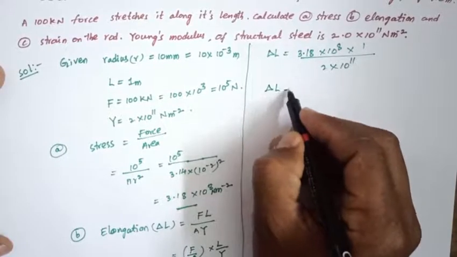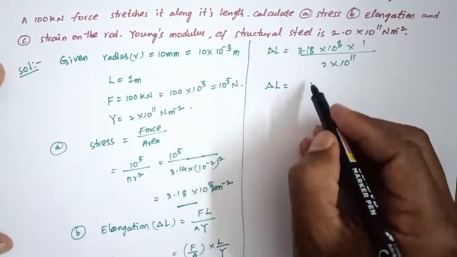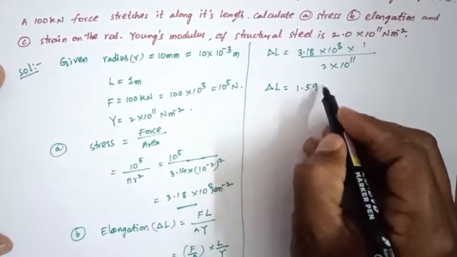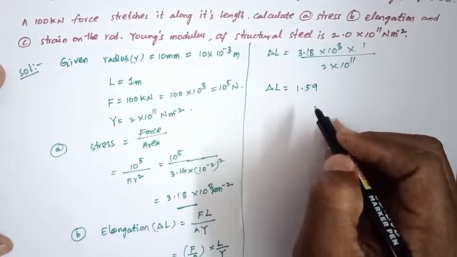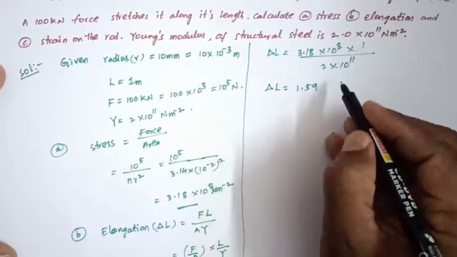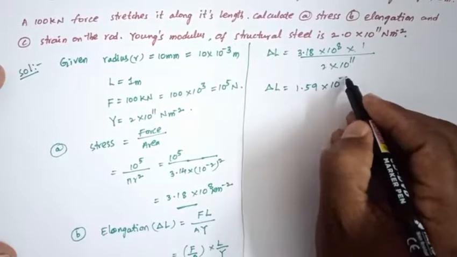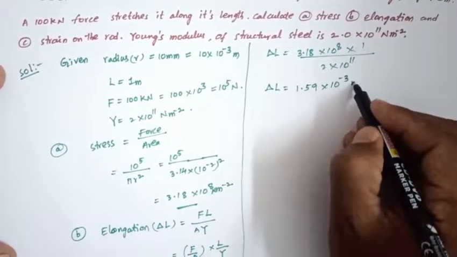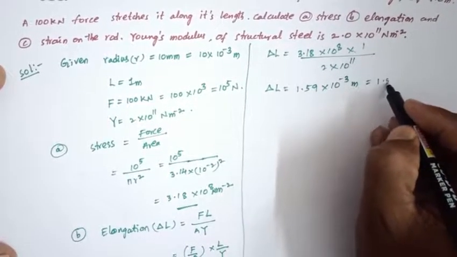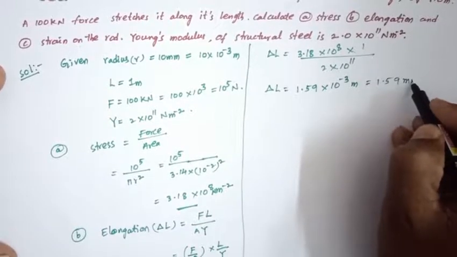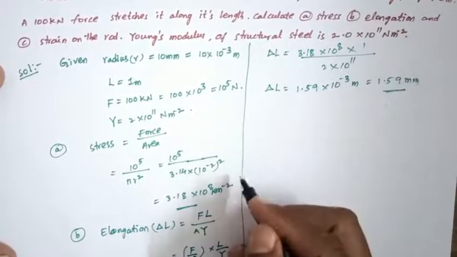So delta L equals 1.59, calculated using a calculator. 1.59 into 10 power minus 3 meters, that equals 1.59 millimeter. So this is the elongation.